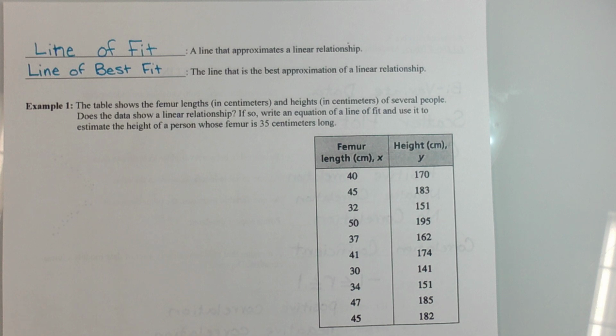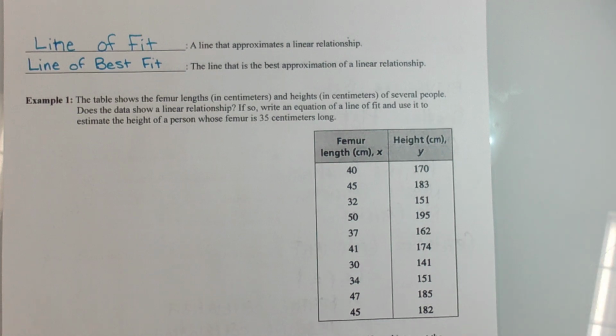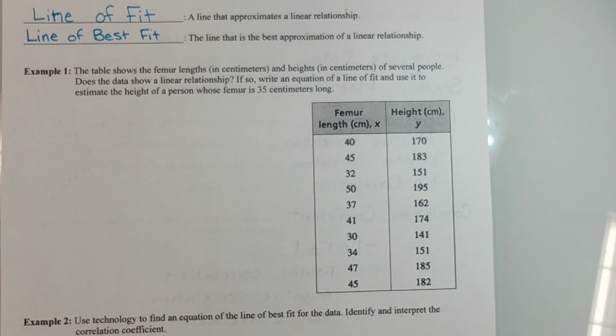The line of best fit is what our calculator is able to actually calculate. Our calculator can give us the best option. And so that's what we are going to be using to make our line of fit. Because if we're going to do a line of fit, why not do the best one possible?